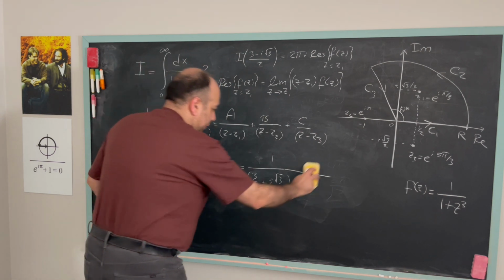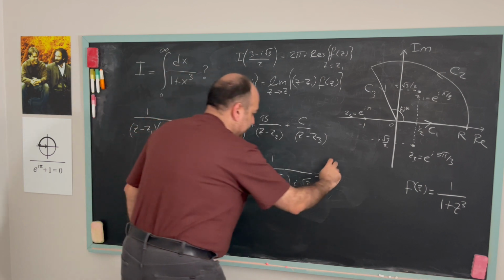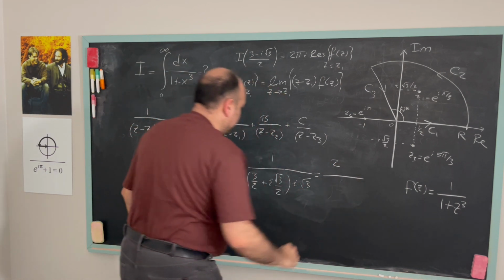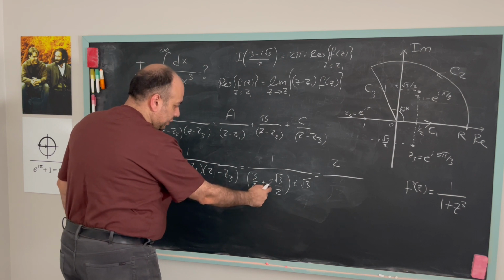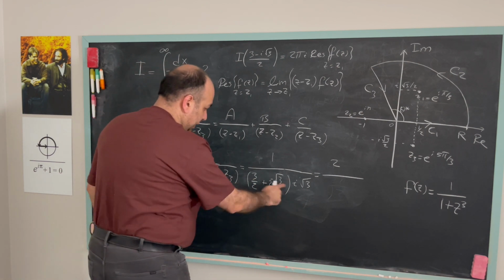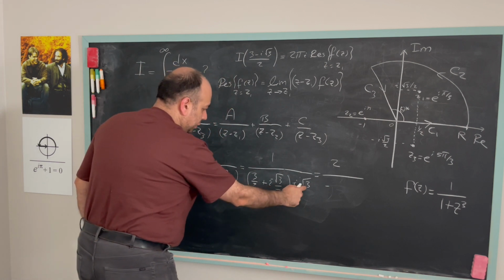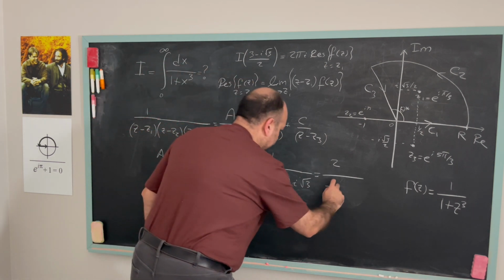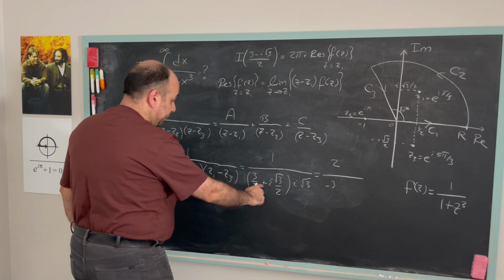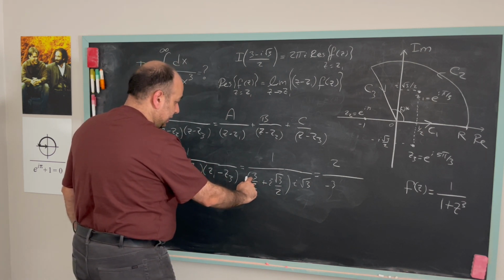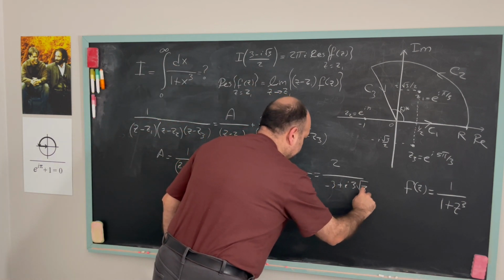So this is good. So I can simply continue here. I can put 2 upstairs here. So there is a factor of 2 divided by, so I can multiply by i here. So this gives me a minus. i square is minus, square root 3 times square root 3 is equal to 3. So minus 3. Then I will have plus i 3 square root 3.